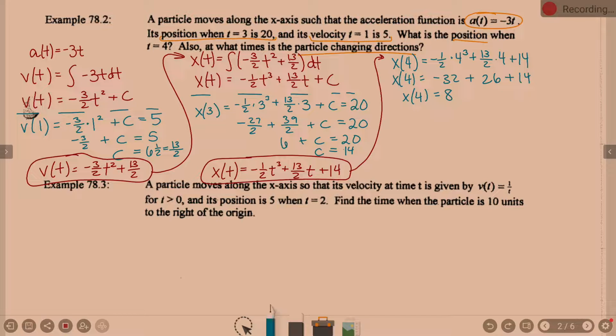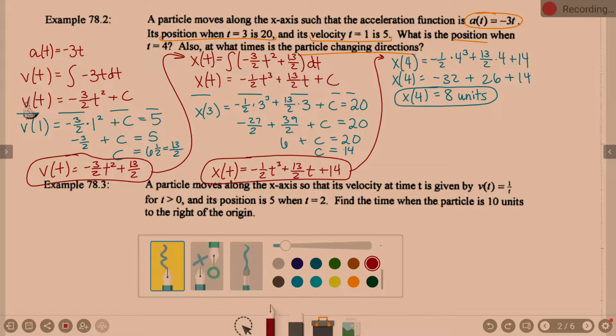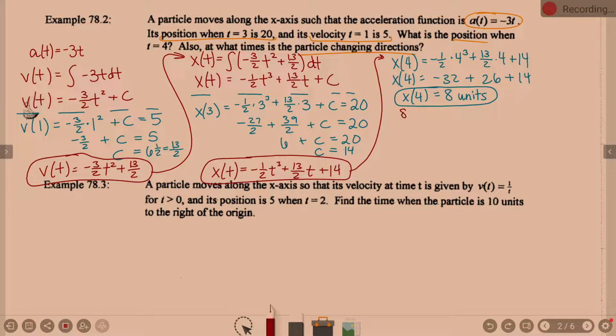If you want to put a label on there, that is 8 units. And what kind of position is a positive 8 units? That'd be 8 to the right of center of 0, or 8 to the right of the origin. Okay. So 8 units right of the origin.